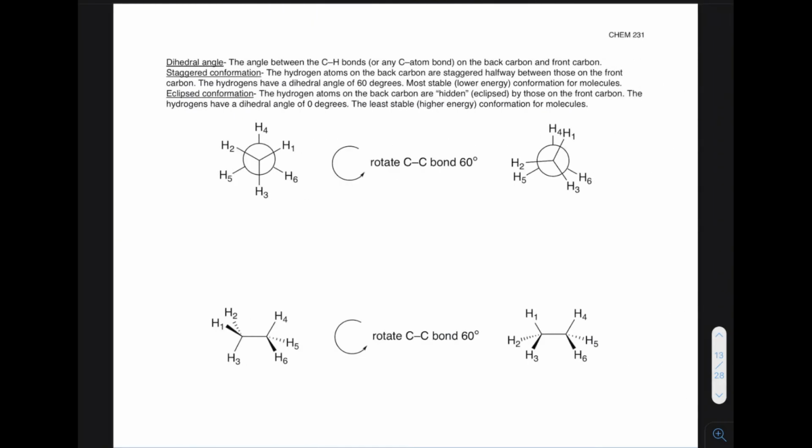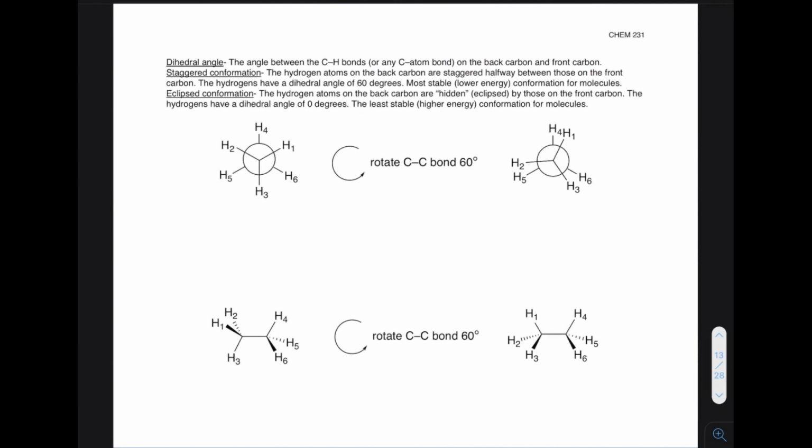So now let's rotate ethane by 60 degrees and see what happens. We're going to be talking about some terms that'll be helpful for describing what we're visualizing. The first is dihedral angle. This is the angle between the carbon-hydrogen bonds on the back carbon and the front carbon. What do I mean by that?